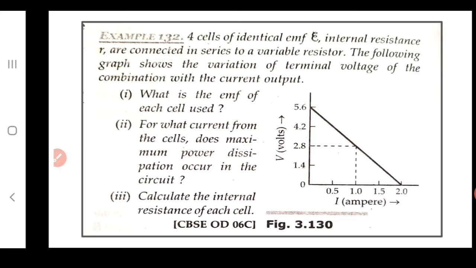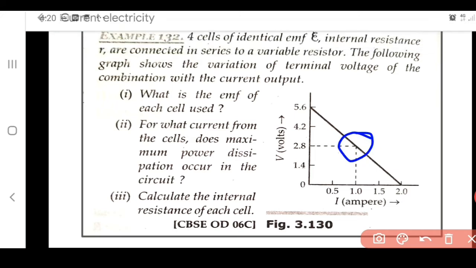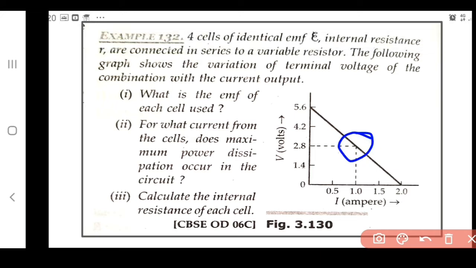So internal resistance of the cell you can find using any point on the graph. So we'll take this point. From the graph, the point corresponds to 4 cells. So when you use the equation V equals epsilon minus IR, there V, epsilon, R all stand for 4 cells.